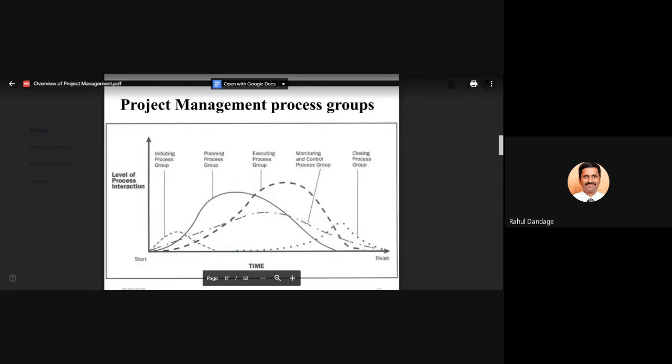When we defined the project, we also said that every project has a definite start and a definite end, a definite finishing point. So these are the two important stages in your project, the starting point and the finishing point. And whatever timeline we have between this start and finish is nothing but the overall life cycle of your project.